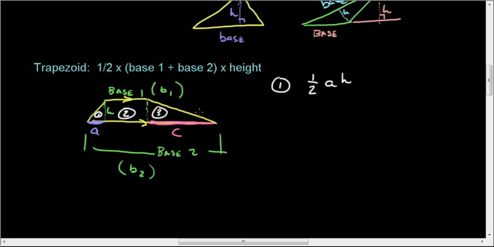In area number 2, it is a rectangle, and therefore it has the base, which is B1, times the height. That is its area. And finally we have number 3. Number 3 is another triangle, and so it's 1/2 the base, which is C, times the height.